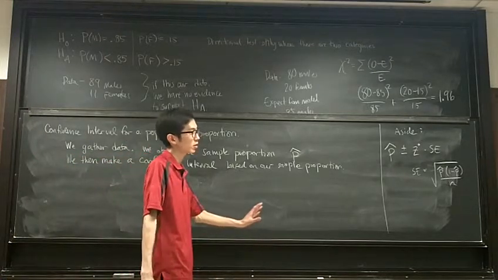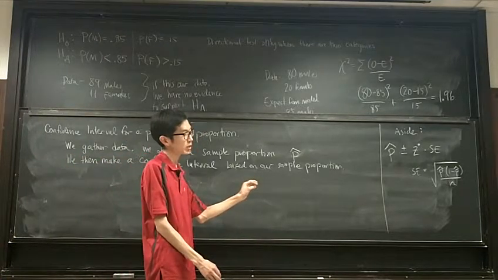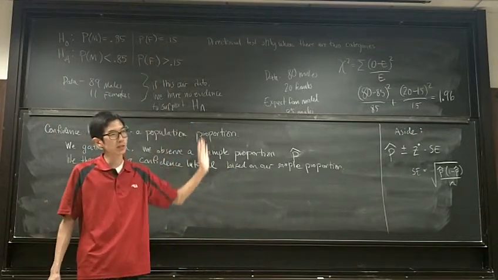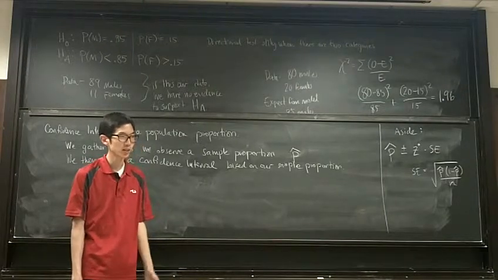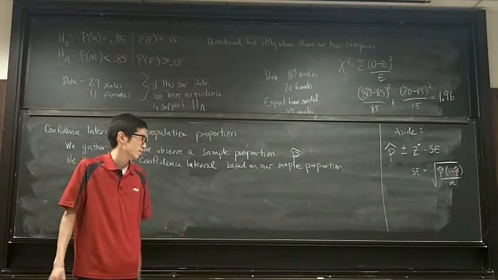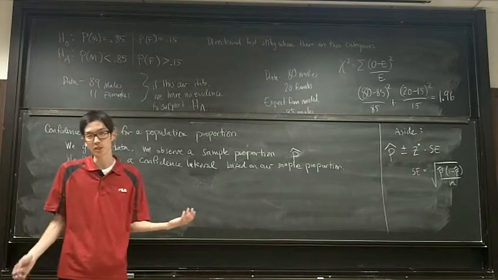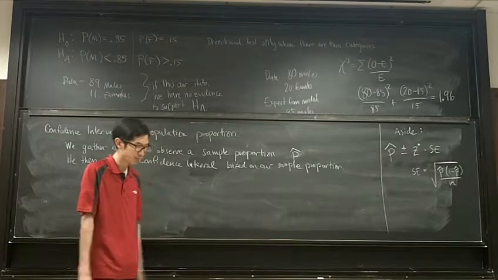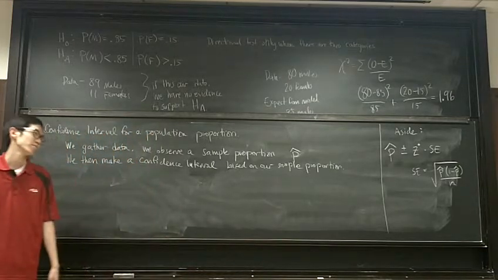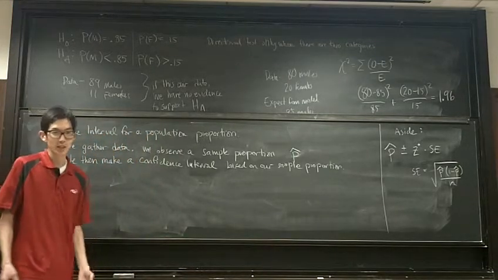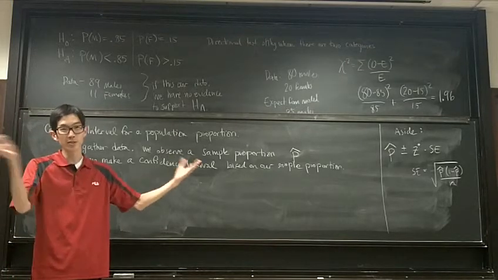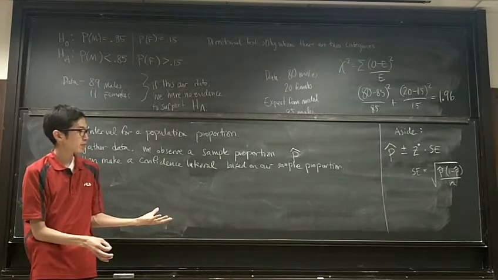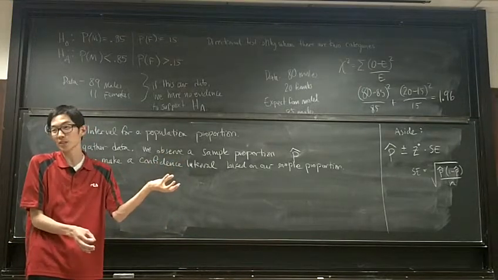Our textbook does something different because, let's say you wanted to know what percentage of people in the United States have some rare condition, say jaundice. You go out and randomly select 100 people, and 0 people have it.